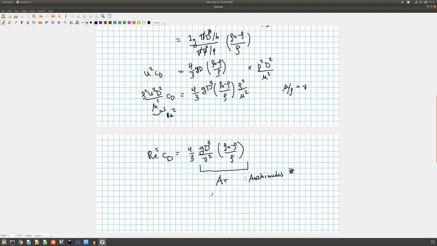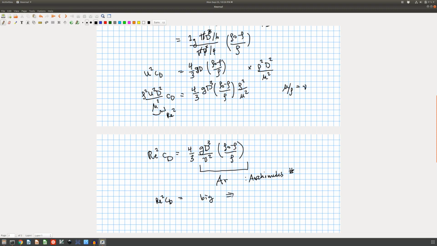The way to think about this is I can calculate this Archimedes number. It has to do with buoyancy and all sorts of stuff. It's not important really what exactly the Archimedes number is a ratio of. But the important thing to see is that if this number is really big, then I have Reynolds number squared CD equals big.